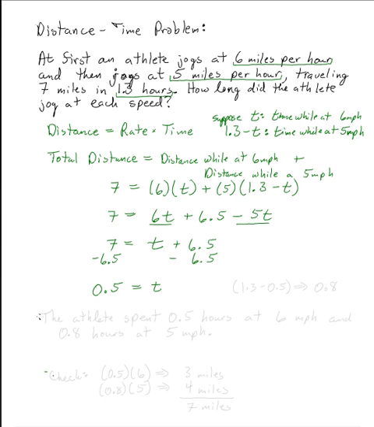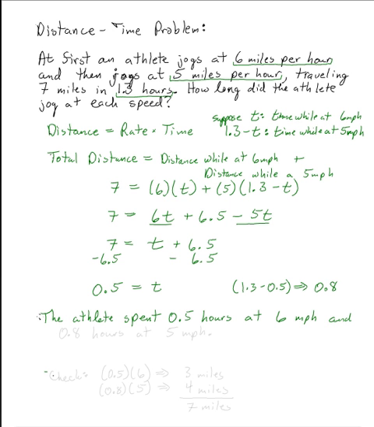Now, since t was the time while at 6 miles per hour, we can conclude that the athlete spent 0.5 hours at 6 miles per hour, and the remaining time, well, the remaining time would be 1.3 minus 0.5, and that's 0.8.